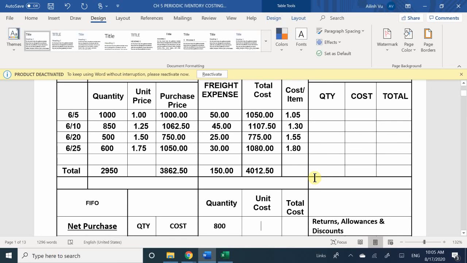Hold on. Oh shoot, now it's going to change the cost per item. Are we going to use the whole batch, or are we going to continue not using the whole batch?